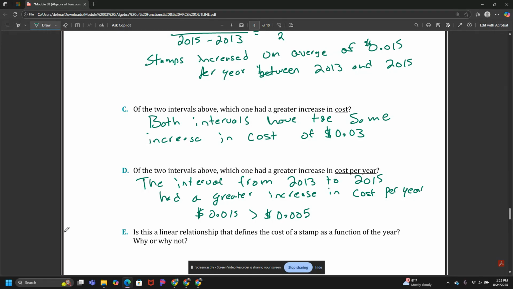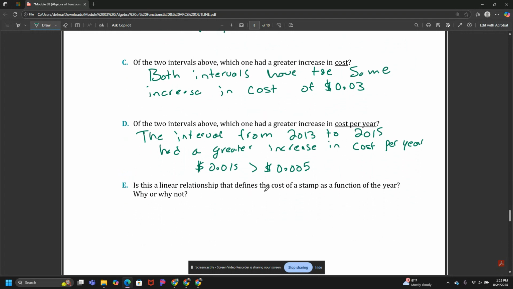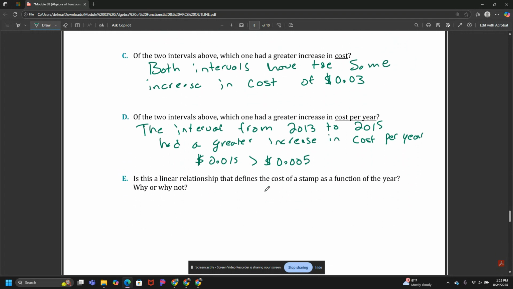Is this relationship linear? No, it's not linear. Why? We do not have a constant rate of change.